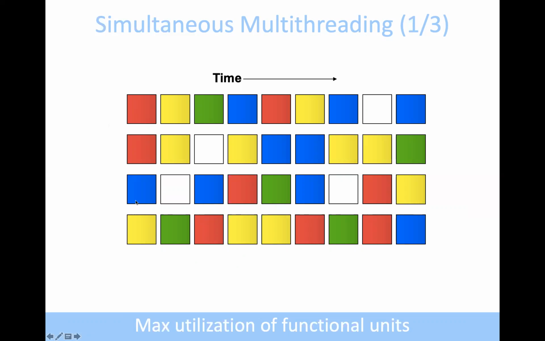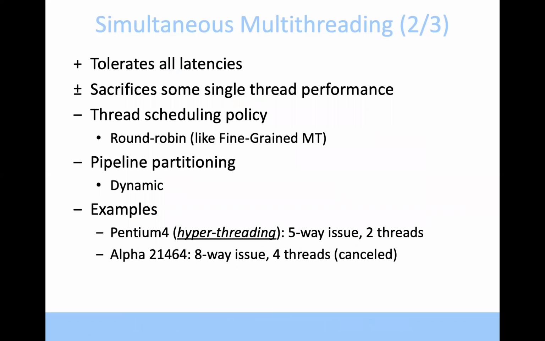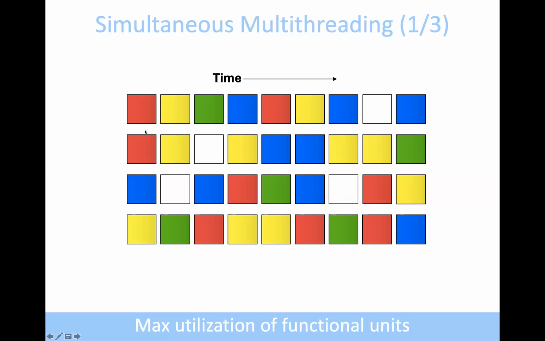You're not switching between threads, and whichever instructions are ready, you issue those. That can sound a little confusing, but we'll see an example in a second. In one time slice, you can see that the 4 ways are executing random colors, and there's no real pattern to what goes next. It's just whatever's ready, whatever's the oldest instruction.